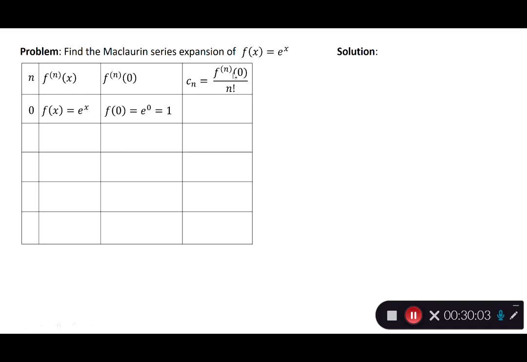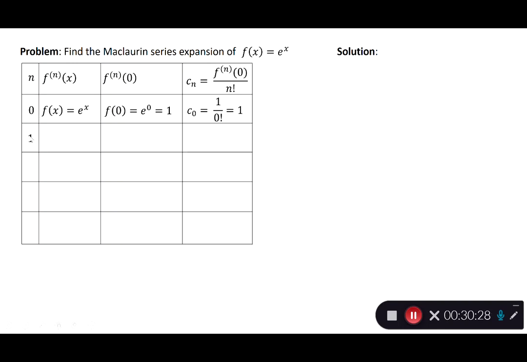Yep, f to the 0 of 0 over 0 factorial, where we just figured out f of 0 is 1, so 1 over 0 factorial is 1. You agree with this? Take a good look at it, please. All right. Now, we are done with figuring out c sub 0, that is when n equals 0.